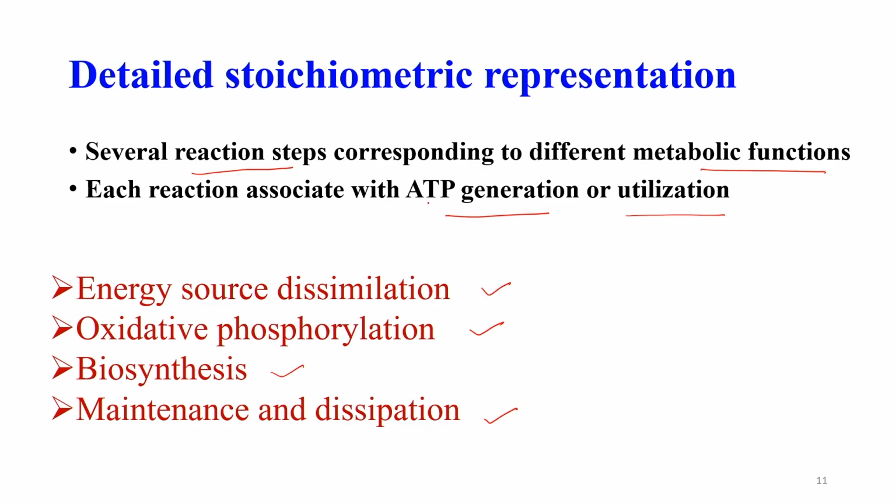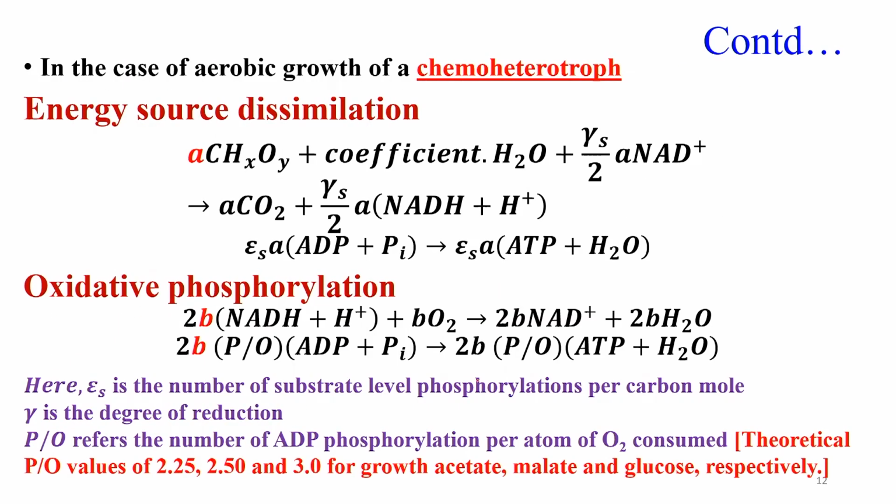If they are endothermic, they will require energy in terms of ATP. So, we will first quickly go through all these four: energy source dissimilation, oxidative phosphorylation, biosynthesis, maintenance and dissipation. The first one is energy source dissimilation.